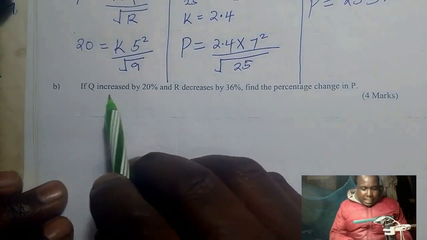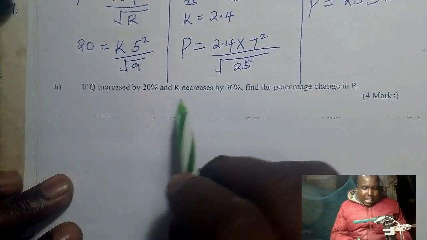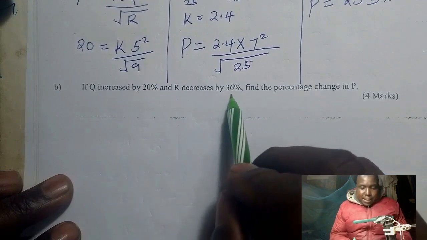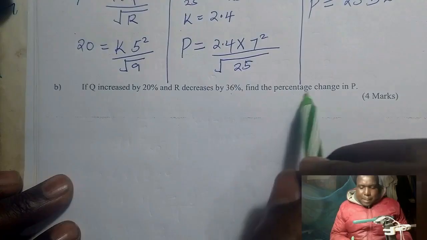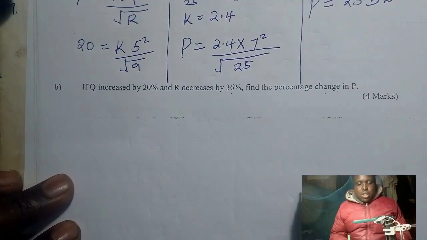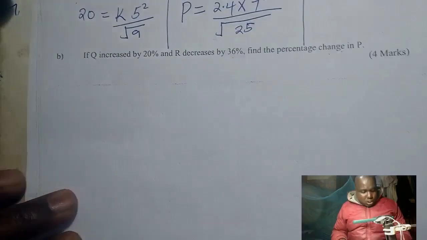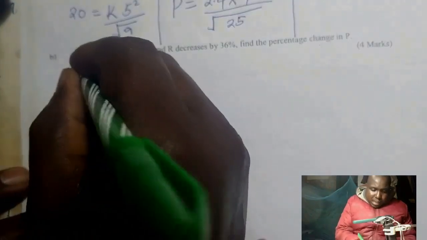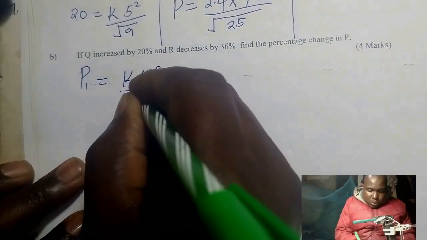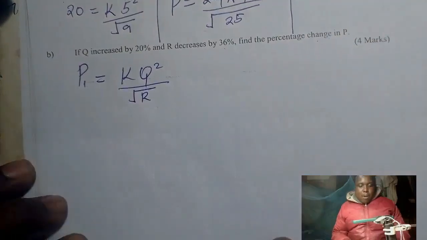If Q is increased by 20% and R decreased by 36%, find the percentage change in P. To get the percentage change, let us give this one as P1 is equal to k Q squared over the square root of R. That's our P1.